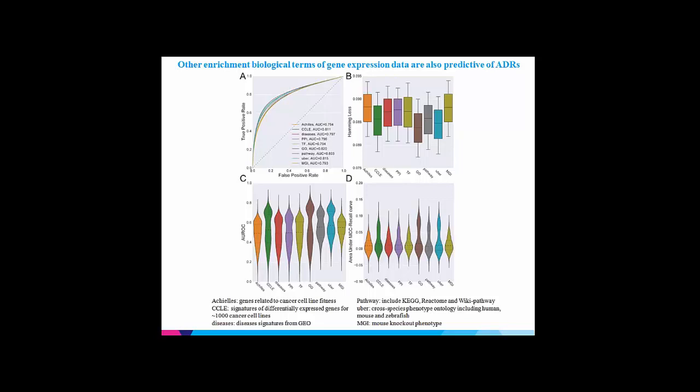And as we can see here, there are also some other gene set libraries that are very predictive of ADRs. For example, the CCLE, which contains the signatures of differentially expressed genes in cancer cell lines, is very predictive of ADRs, as well as this one, Uberon, which is a cross-species phenotype ontology.